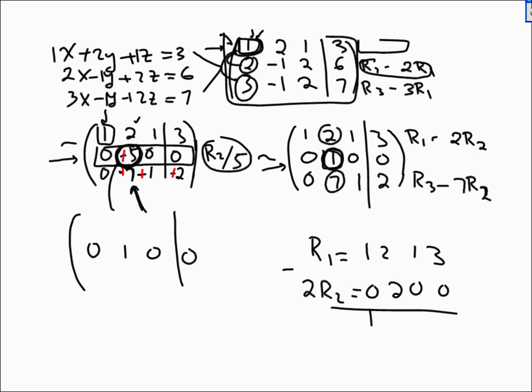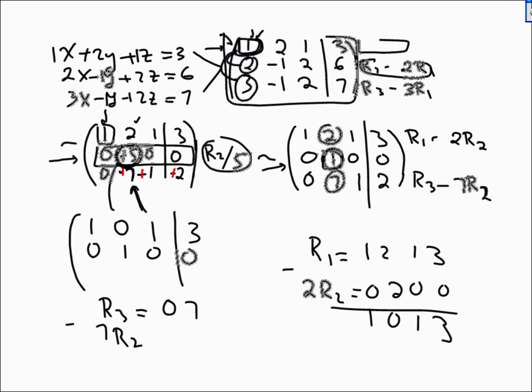If you subtract, you get 1, 0, 1, 3. Now, if you do row 3 and you take away 7 row 2s, row 3 is 0, 7, 1, 2. 7 times row 2 will be 0, 7, 0, 0. You subtract, you get 0, 0, 1, 2.